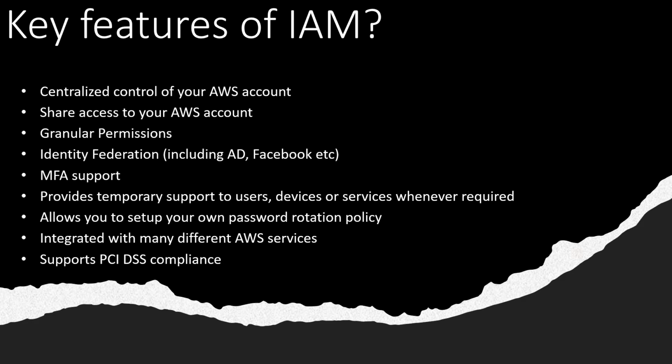So Identity Access Management offers the following features. It gives you central control of your AWS account. It gives you shared access to your AWS account. It gives you in-depth permissions.